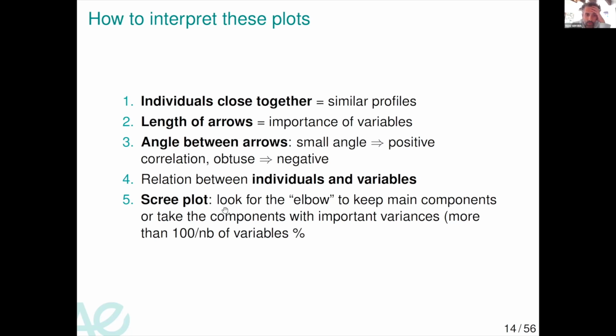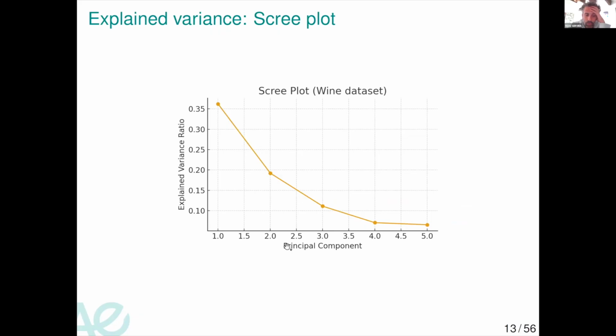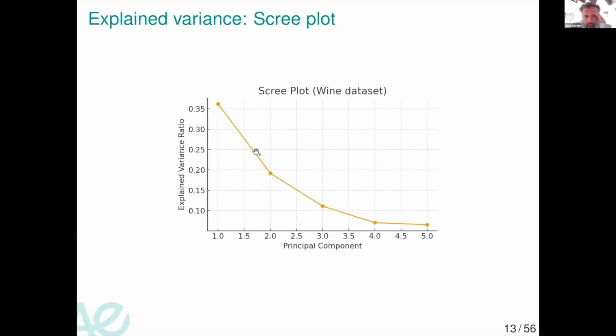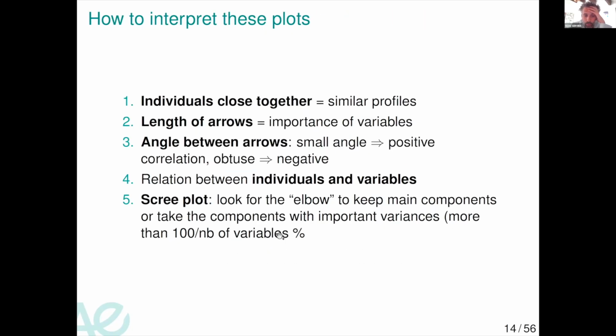And you have the scree plot, this one, to look for the elbow to keep the main components. So here maybe you could see that three components will be enough. Another criterion could be that you have 13 variables.